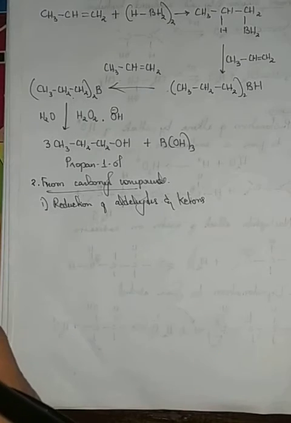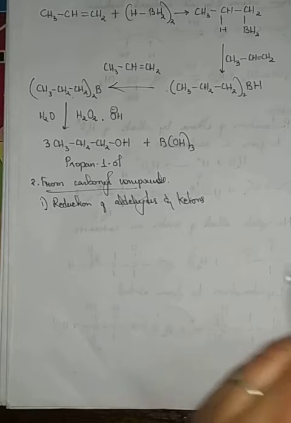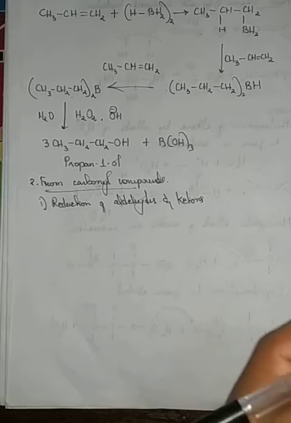Aldehydes and ketones are reduced to the corresponding alcohols by the addition of hydrogen in the presence of a catalyst, that is catalytic hydrogenation. The usual catalysts are finely divided metals such as platinum, palladium or nickel.